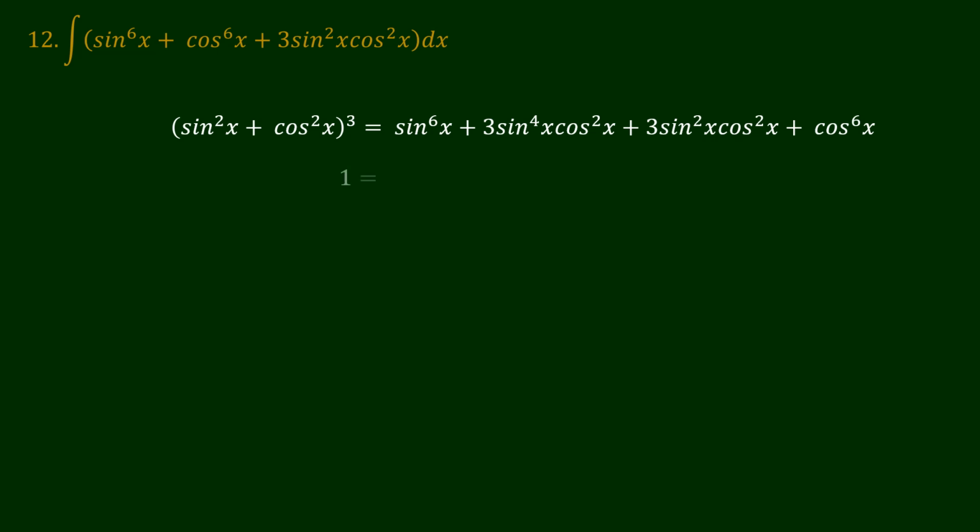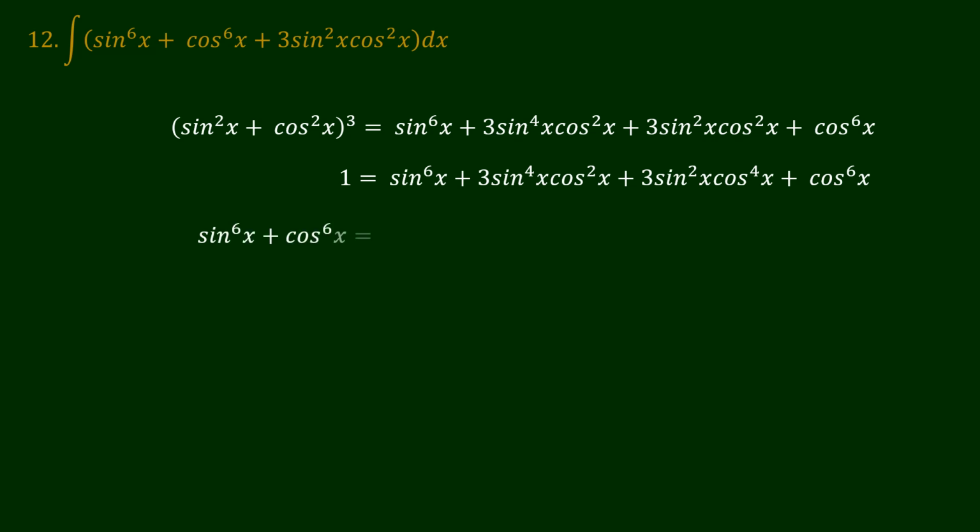So all this is still equal to 1, and then if we arrange things so that we have sine to the power 6x plus cosine to the power 6x on one side, we have 1 minus 3 sine to the power 4x cosine squared x minus 3 sine squared x cosine to the power 4x, right?